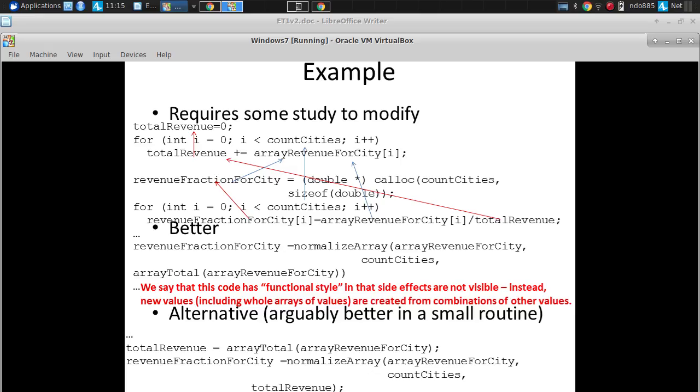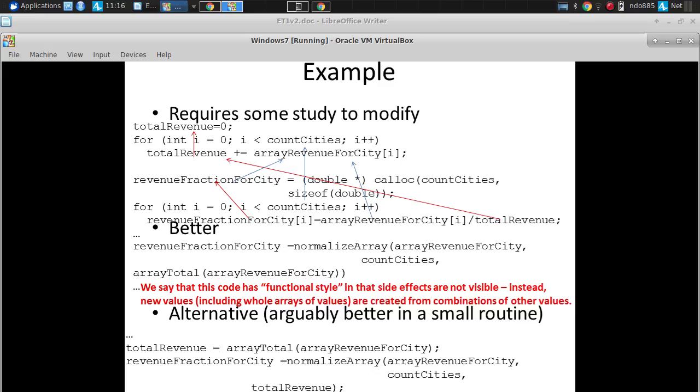So the first of these here, this revenue fraction for city, the first of the examples we looked at, we took the revenue fraction for the city and we computed it by an operation called normalize array. That's really what's going on here, ladies and gentlemen. We're normalizing the array associated with the revenue per city by the count of cities here. So this is the revenue fraction for the city.